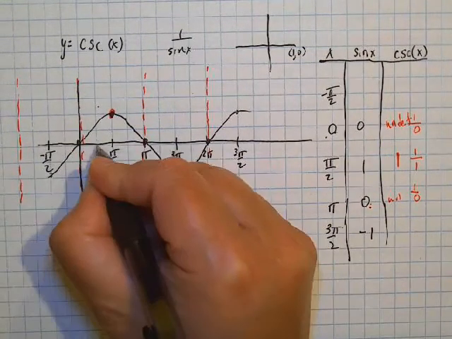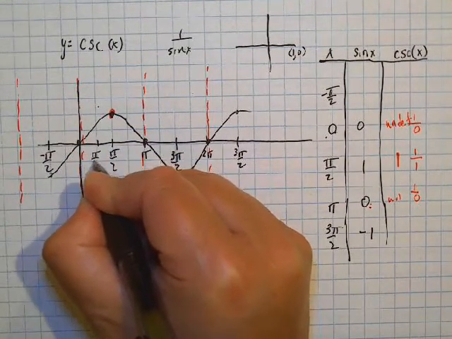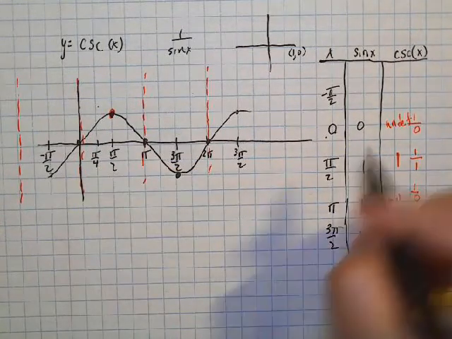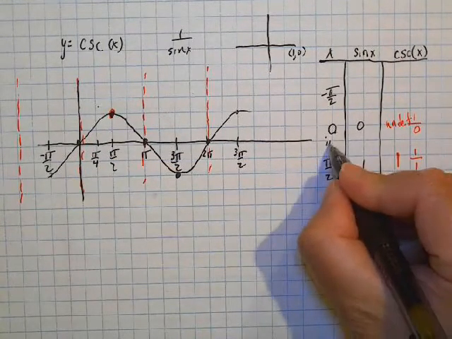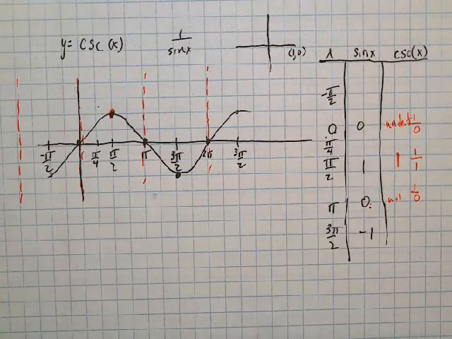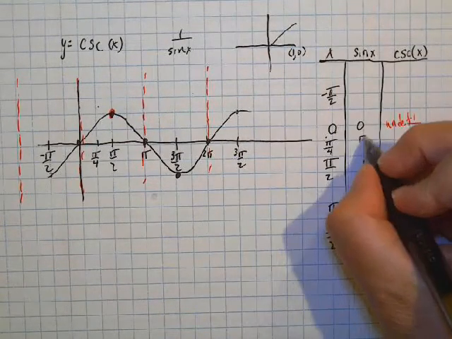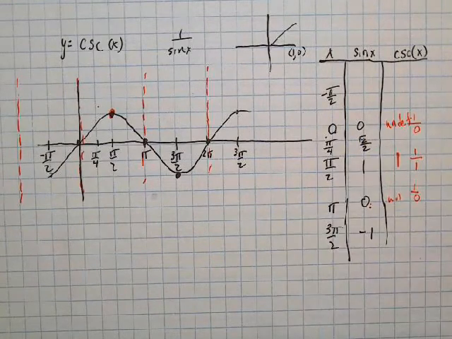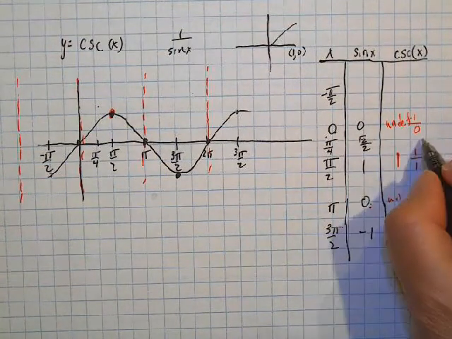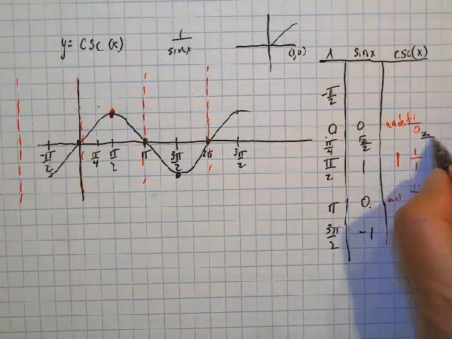So I'm going to check out what happens at pi over 4. Pi over 4 will be somewhere in here. Sine at pi over 4 is square root of 2 over 2. Cosecant is 1 over that, so it would actually be 2 over the square root of 2.